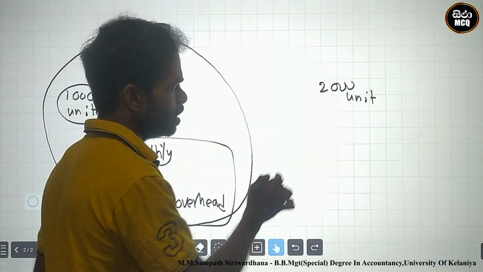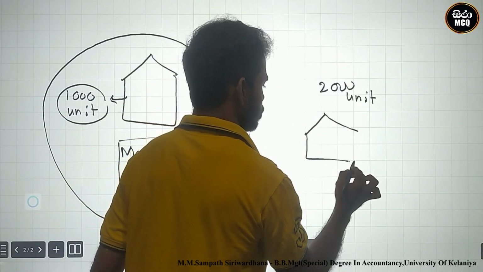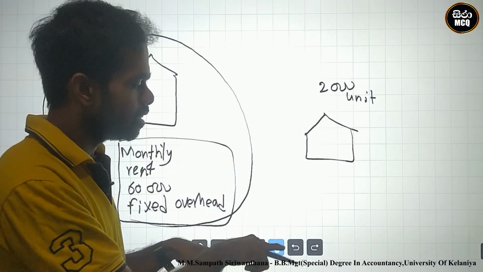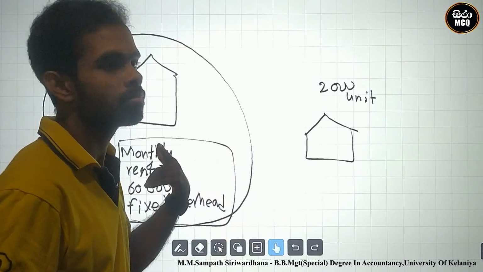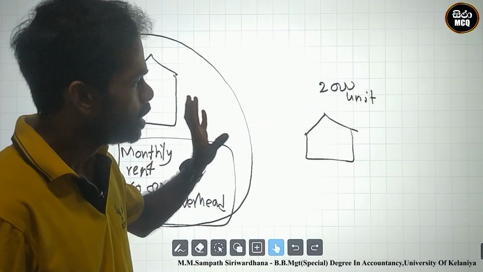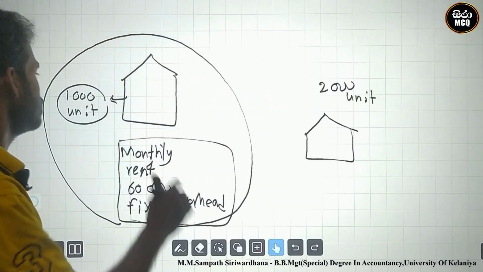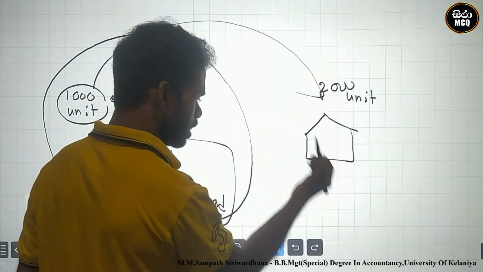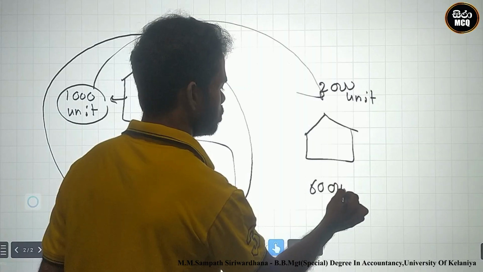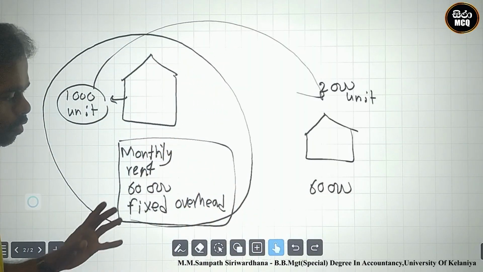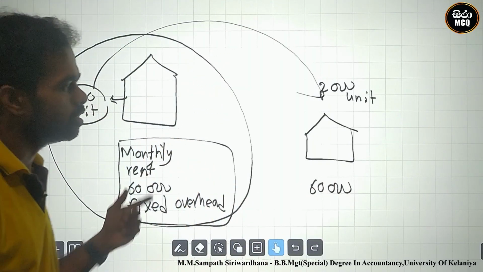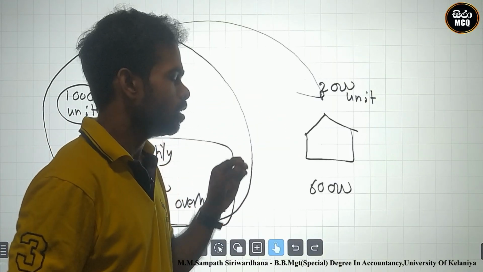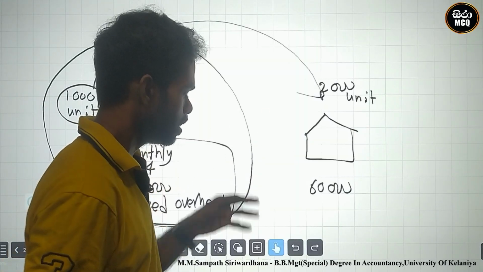Therefore, we must start another building, and another rent is incurred as the number of units changes from 1000 to 2000. The rent doubles: another building rent of 60,000. You can think this is building number 1 and this is building number 2, which was acquired based on the number of units.